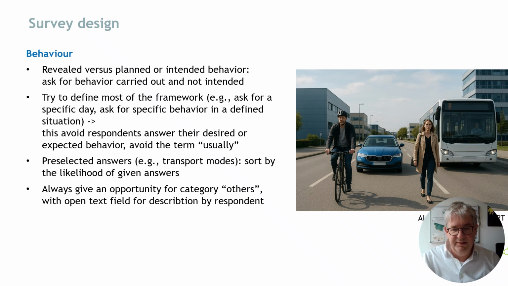Usually you do not offer these very specific answer possibilities, but you always give an opportunity to have the category others with an open field where people can reply with these exceptions, to avoid very long lists for the respondents to go through.